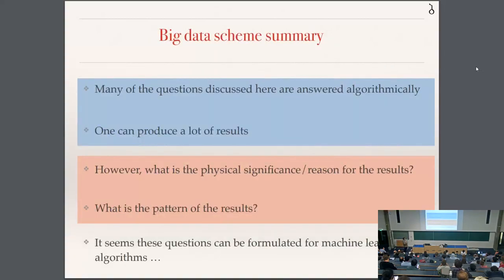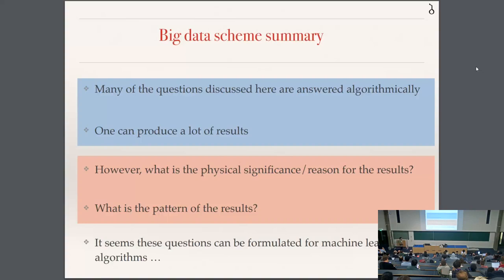So here is the summary of this big data scheme. Many of the questions discussed here are answered very algorithmically. One can produce a lot of results, really performing some algorithmic computations. However, what is the physical significance of these results, or what are the patterns that we are seeing, is a mystery. Okay?